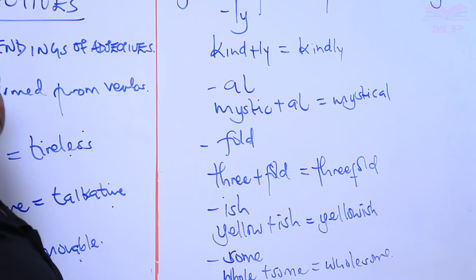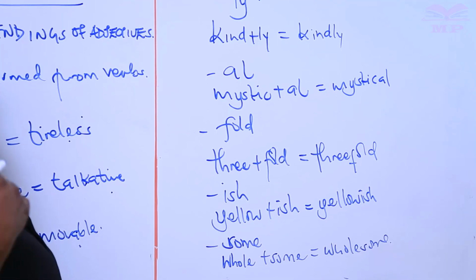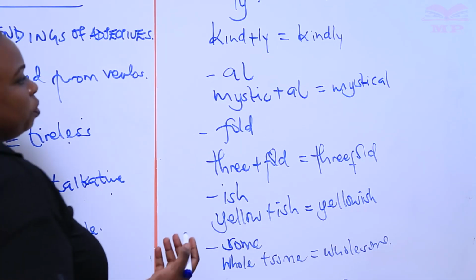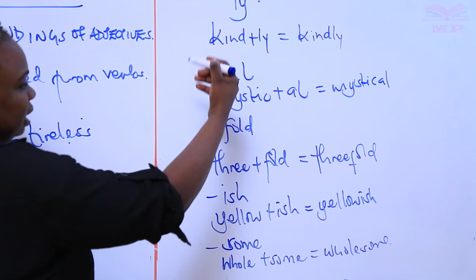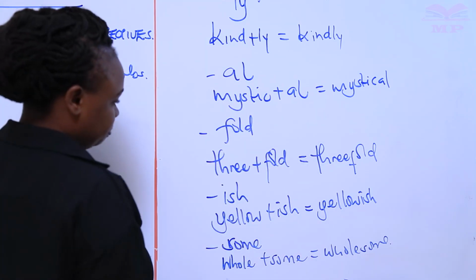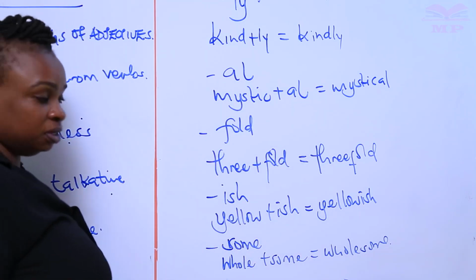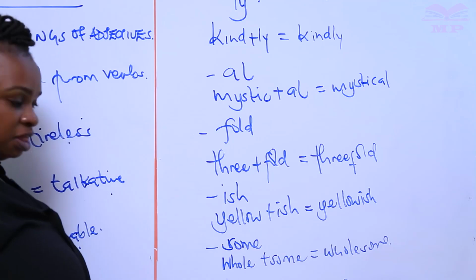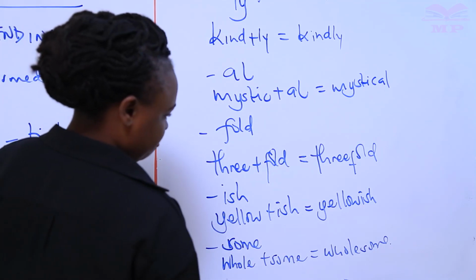Okay, so those are the endings that normally are added to other adjectives to form other adjectives. So we have ly, kindly, al, mystical, fold, we have threefold, ish, we have yellowish, and then some, we have what? Wholesome.